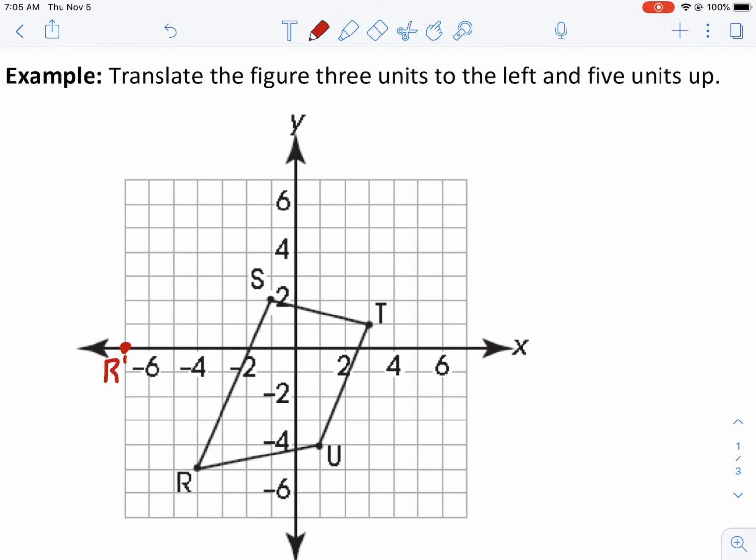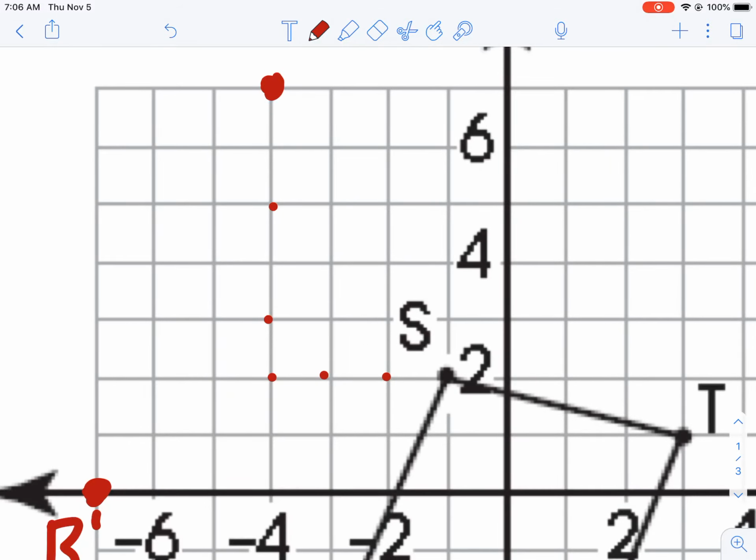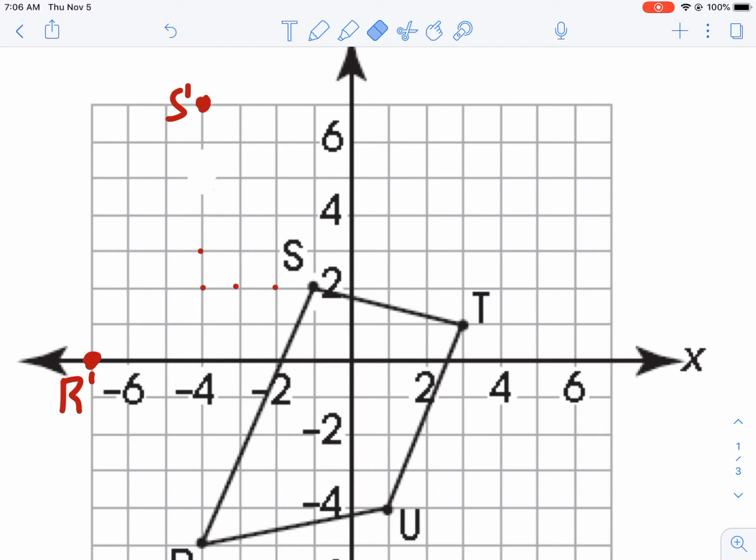And we're going to do this with every shape, okay? So we're going to do this with S. We got 1, 2, 3, 1, 2, 3, 4, 5. And it's important to label your shape. So we've got S prime, T, 1, 2, 3, 1, 2, 3, 4, 5. There's T prime.